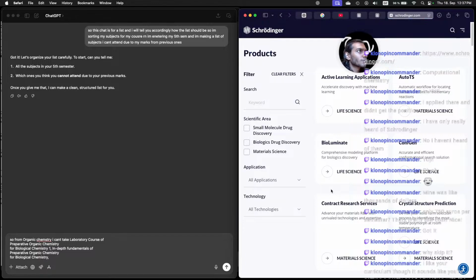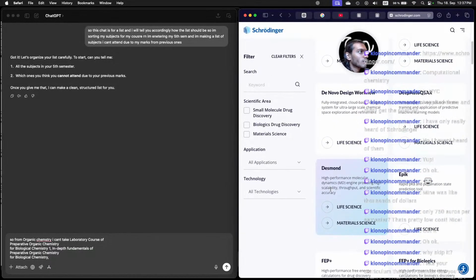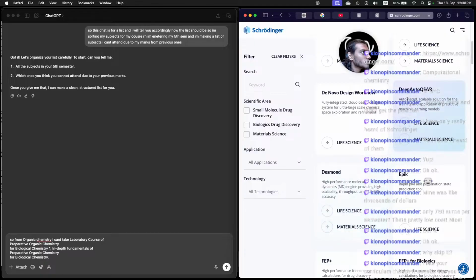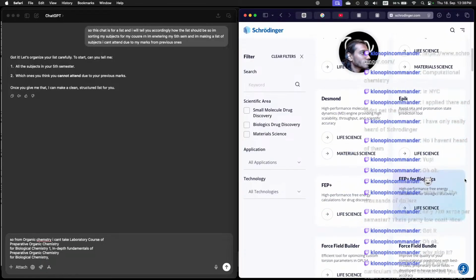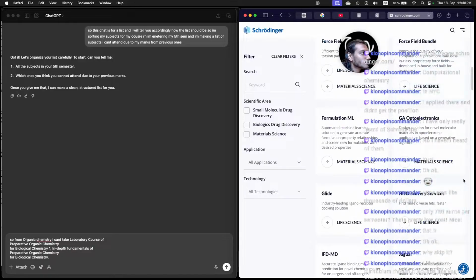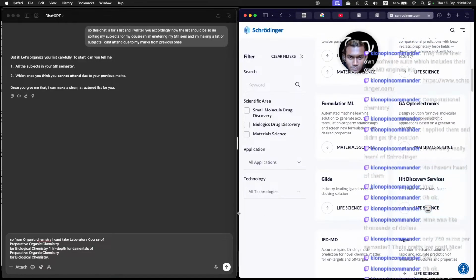Is it based on software? Ah, okay, these are MD engines. They have their own software suite, which includes their own MD engines.